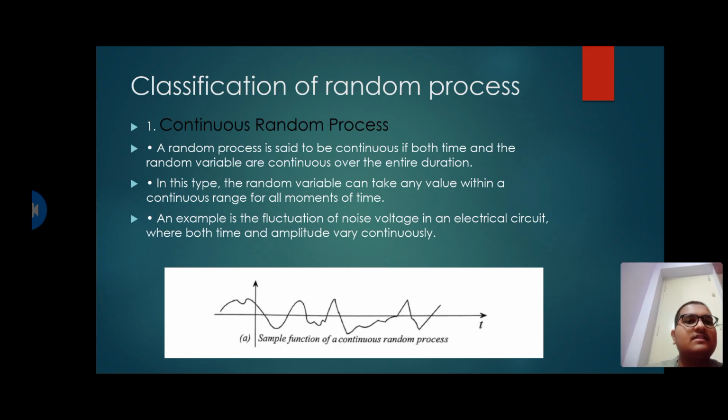As we can see in the sample function of a continuous random process signal diagram, it changes as time changes. The signal behavior can't be predicted. No common behavior or common curve is observed in this signal.